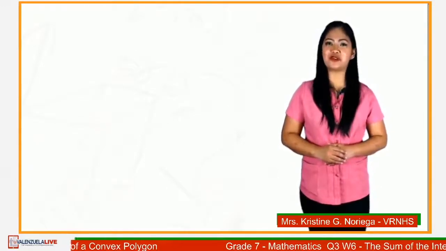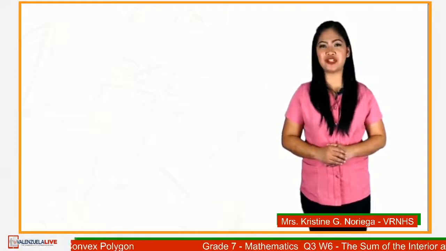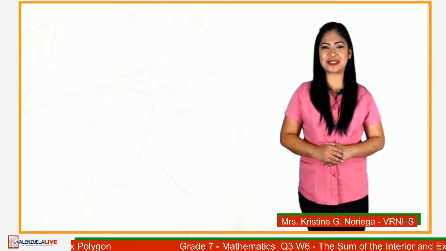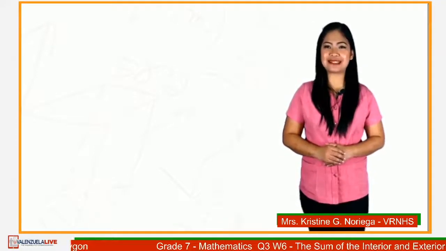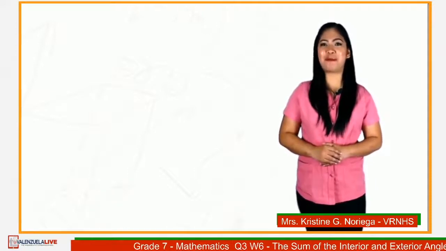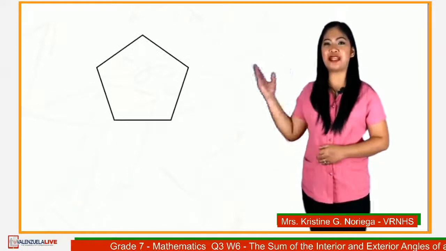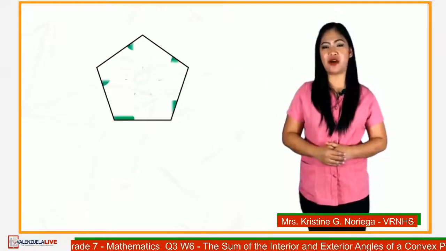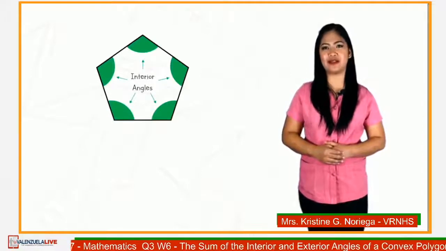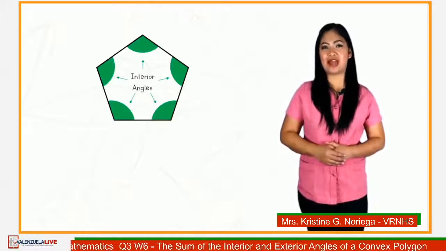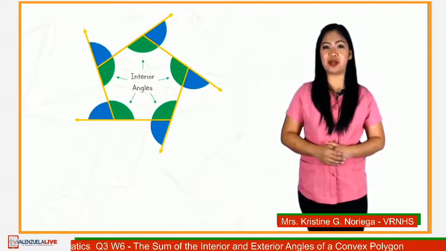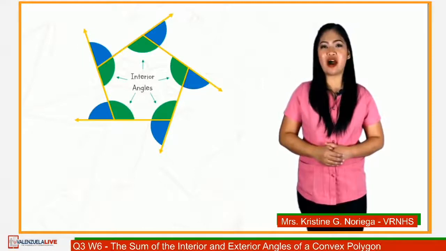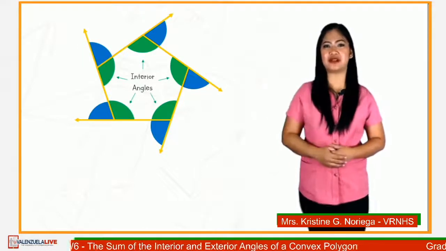Now, we already know how to compute for the measures of the interior angles. But how about the exterior angles? Remember that in a polygon, the angles formed by the sides inside the polygon are the interior angles, while the angles formed outside the polygon by extending the sides are the exterior angles.